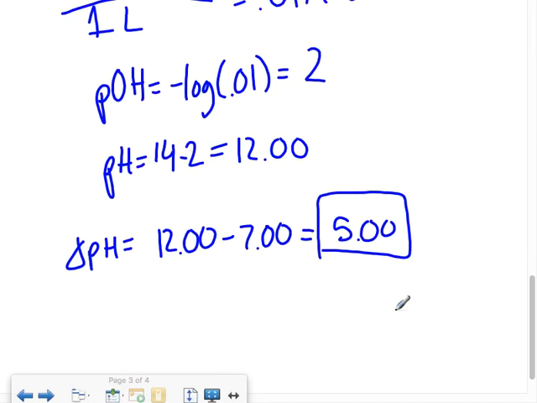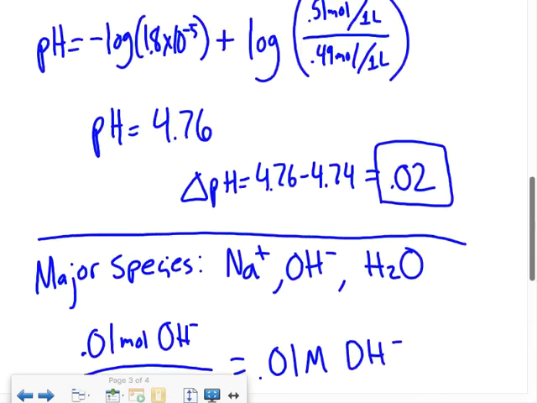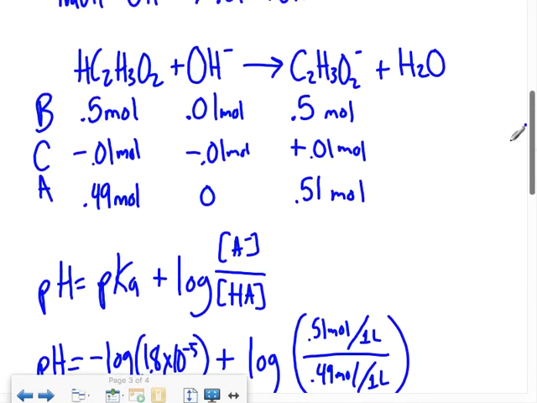Why did the buffer resist change in pH? It's because it has this reaction. When we added the hydroxide to water, nothing happened. We just had the hydroxide, that strong base, just sitting there. But when we had a buffer and added the hydroxide, it changed the weak acid into weak base, so we ended up with a little bit extra weak base instead of strong base.